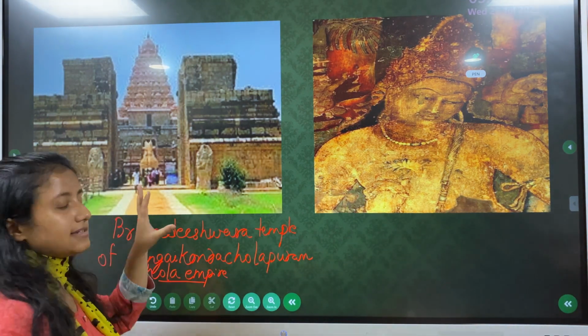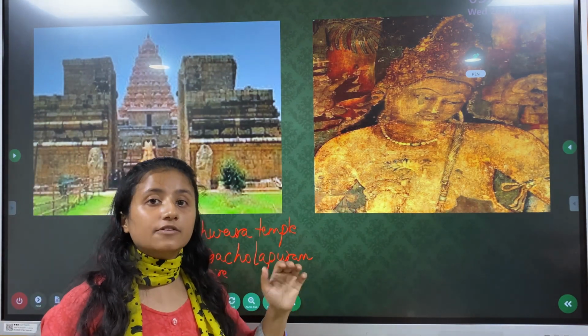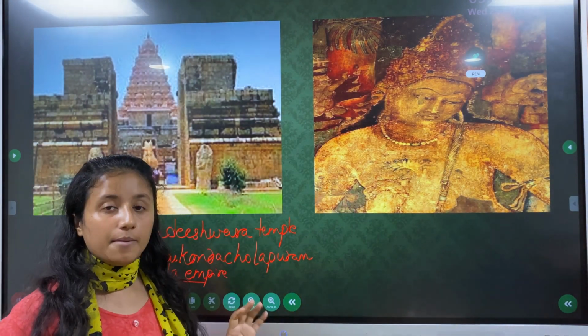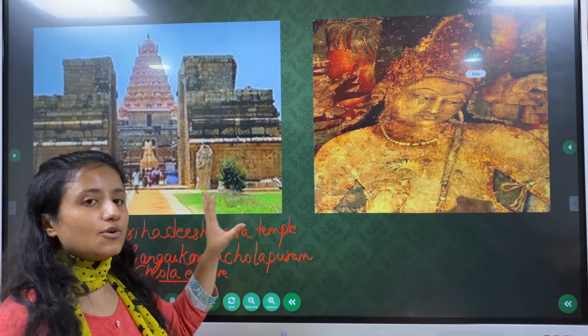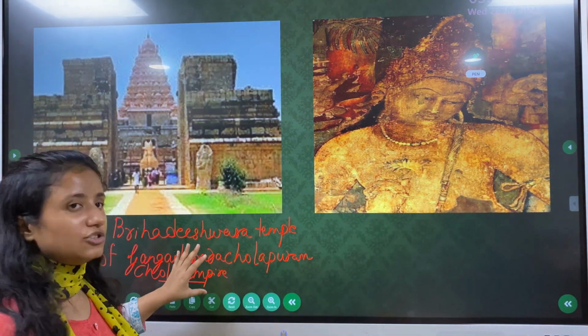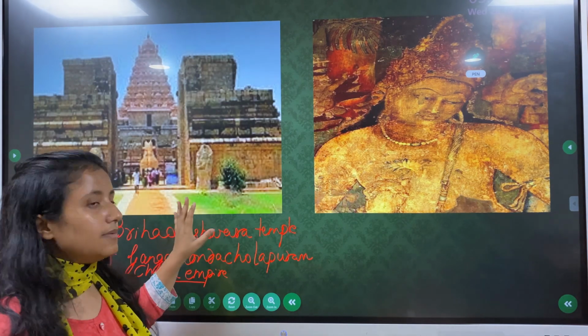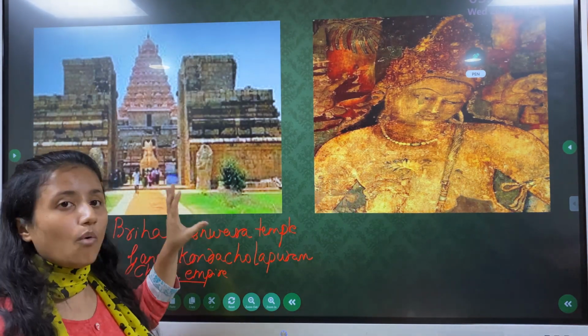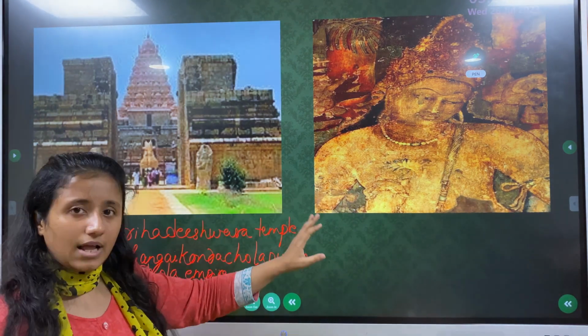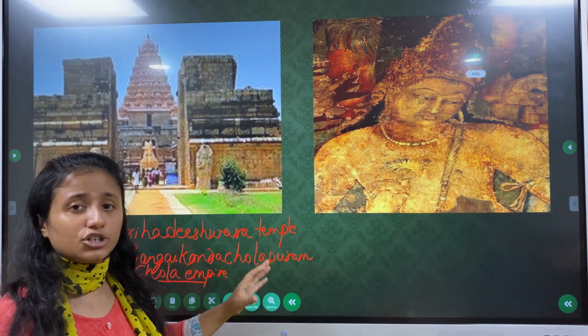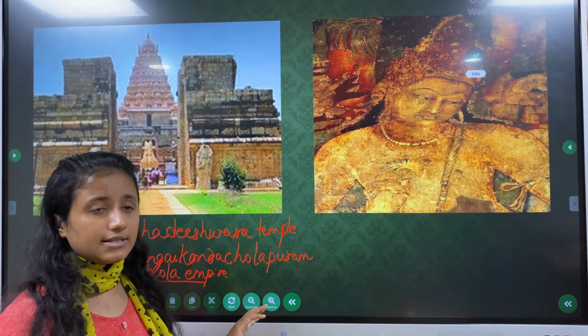When we see this temple, we don't get any information about it except the name. But if we study the history of the temple, we get to know the story behind it. We get to know about the Chola Empire. So history helps us in understanding our own culture, our understanding of the temple or many other things like art, culture and architecture, right?